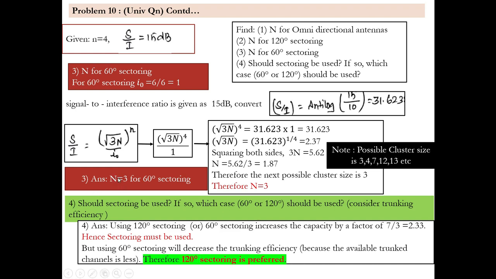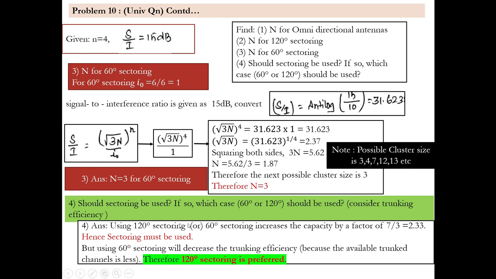See, already in the previous video lecture, I have told you, as we decrease the cluster size, m will increase. M is the number of times the cluster is repeated. So when sectoring is used, the cluster size becomes 3. So the capacity will increase by a factor of 7 by 3, which is 2.33. So by using sectoring, our system capacity increases, so sectoring is preferred.